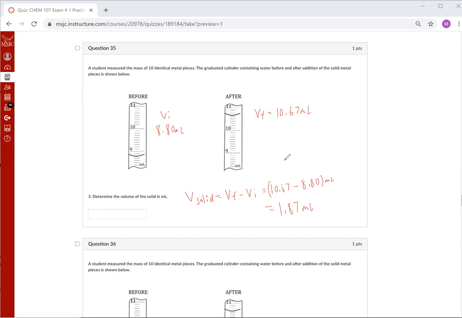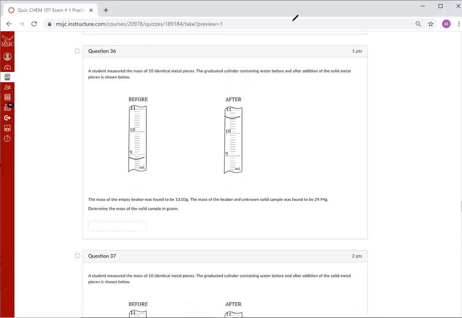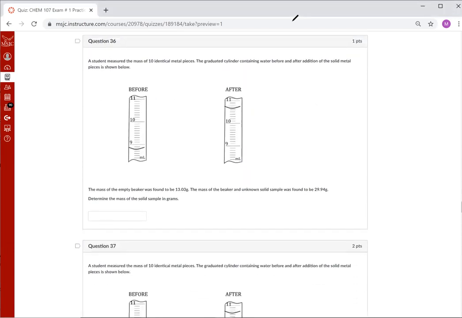Yes. Any questions on this example? If not, let's keep going and figure out the mass. Let's look at the data that we're given. The initial mass of an empty beaker was found to be 13.03 grams.